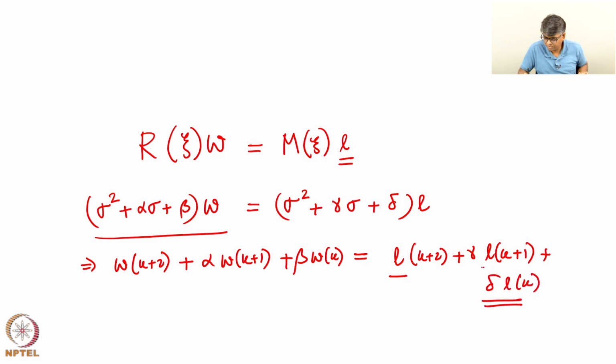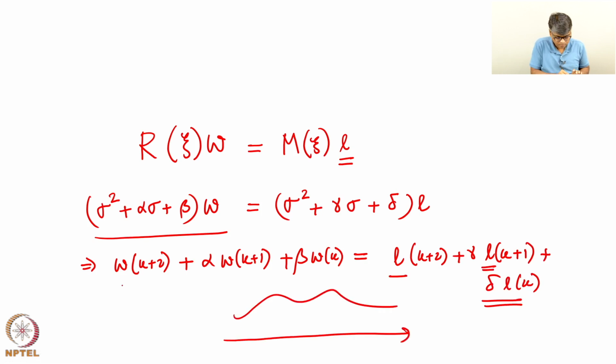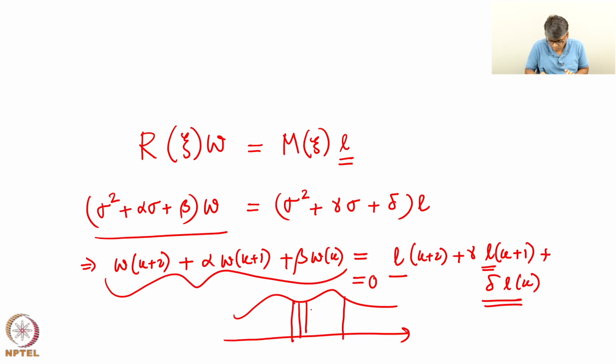Treating l as a free variable, if this is some l trajectory, autoregression would mean this is equal to 0, but now I am saying it is not an autoregression, but rather this sum is equal to this moving window that acts on l.